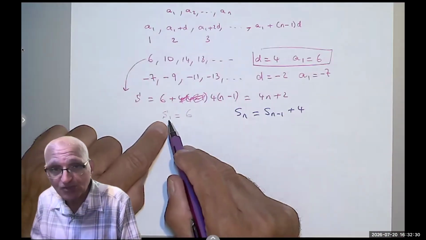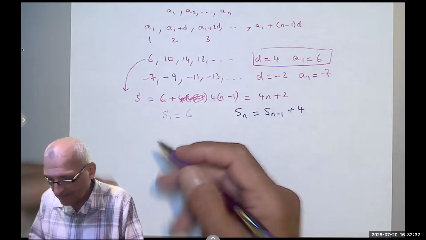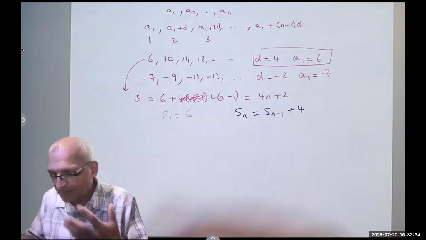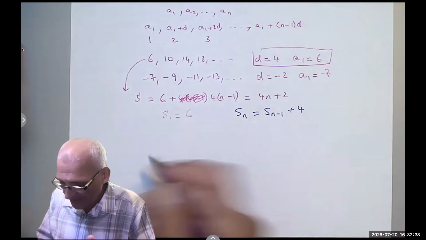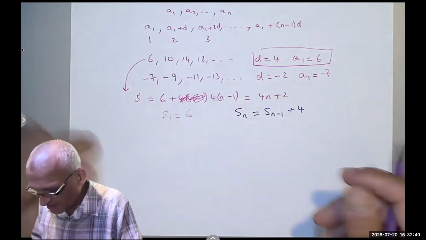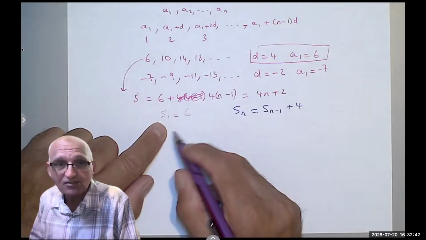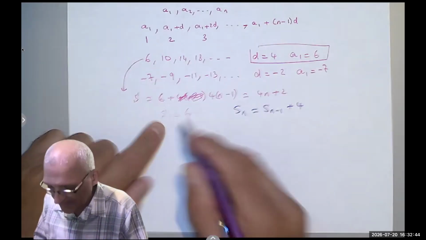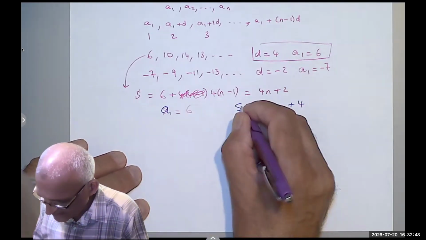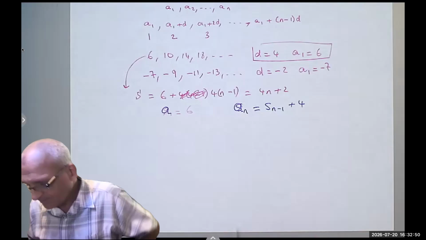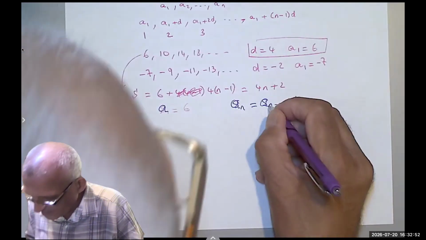S1 meaning the first term. I called it S, but some people think of S as the sum, meaning the series. But just for here, I just want to find the a sub n. So let's call it a sub 1, like here, and this is a sub n, and this is a sub n minus 1.